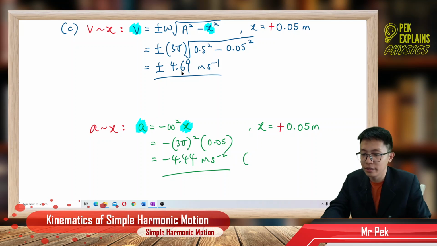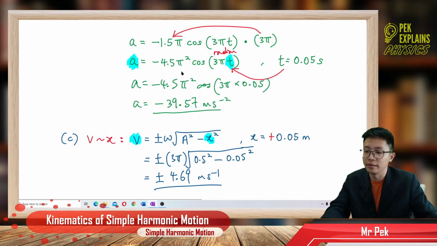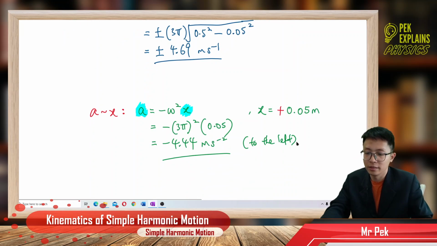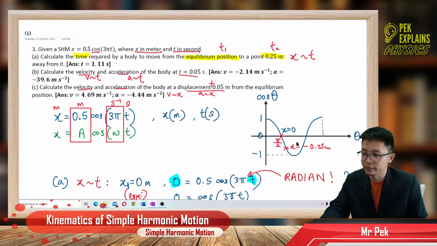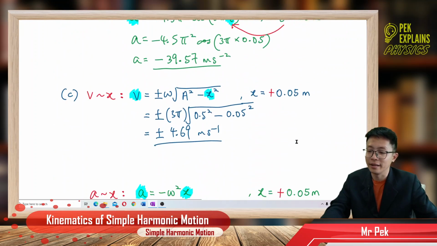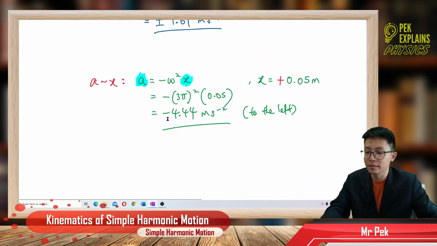The negative means to the left, or going downward. So the negative means the direction. You can say either to the left or downwards.